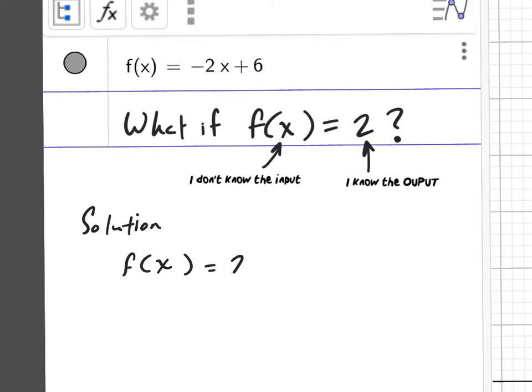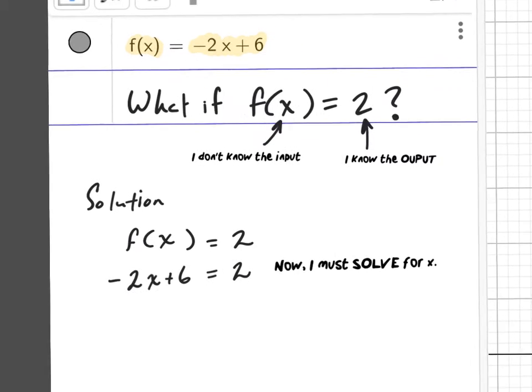We start by setting up our function equal to 2. And if you pay attention to what's written right above, you'll see that our function is equal to negative 2x plus 6. Therefore, I will write negative 2x plus 6 for my function and set it equal to 2. Now I must solve for x.